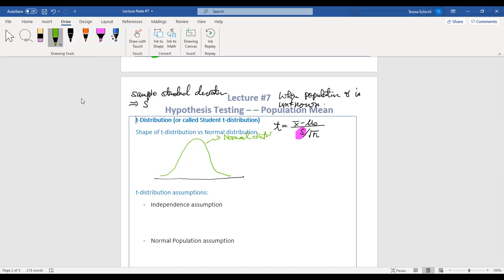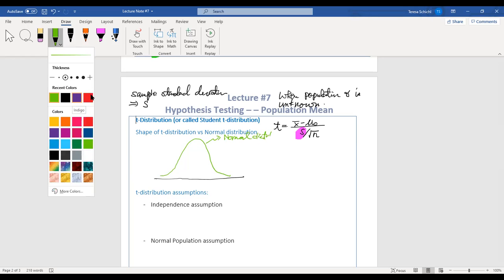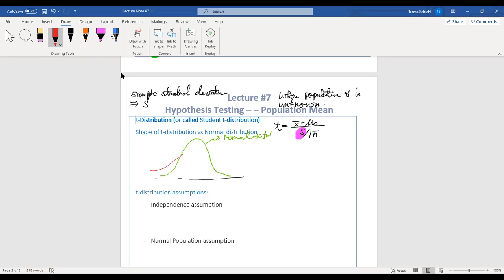Now, what is the t distribution here? The t distribution has a similar shape. So like in here also, it's like that, okay? So this is a t distribution. Compared to the normal distribution, it's very similar, correct?